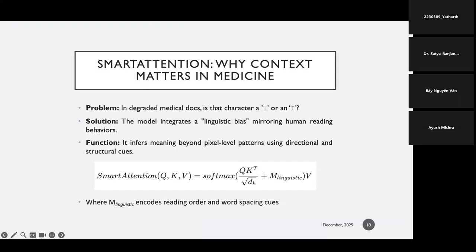You see a vertical line, and you have a question: is it a number 1 or is it the lowercase letter I? In a normal sentence, confusing them is just a typo. But in a medical prescription, mistaking a dosage unit or a patient ID could be catastrophic, right?